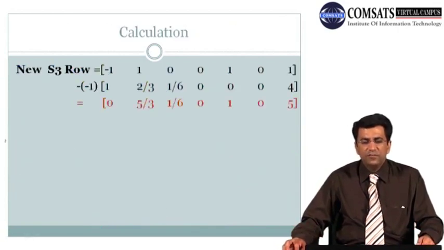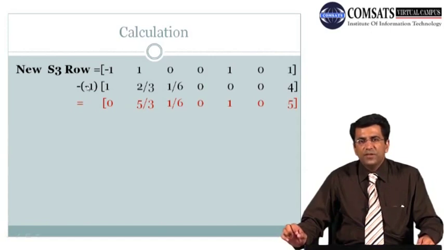In a similar fashion, we'll have to compute our new S3 row, which will be equal to our old S3 row, that is the S3 row in the old table, minus the corresponding pivot coefficient value into the new pivot row. Again we will get the new S3 row as 0, 5/3, 1/6, 0, 1, 0, 5.